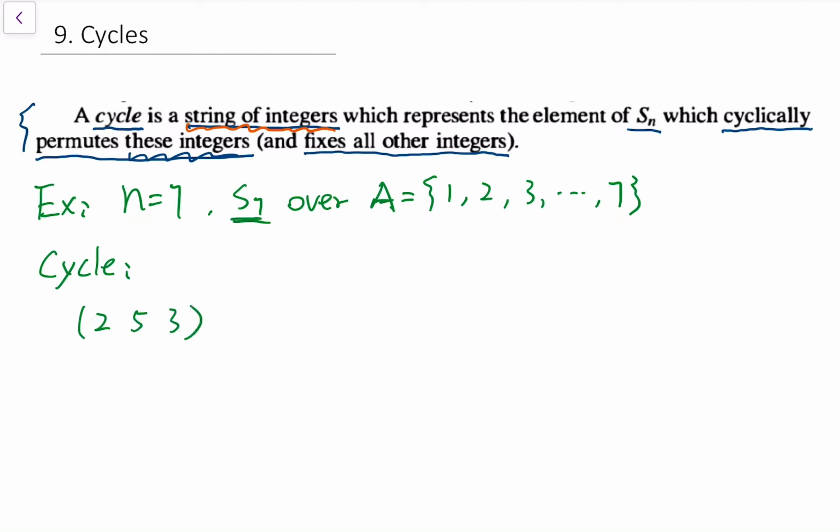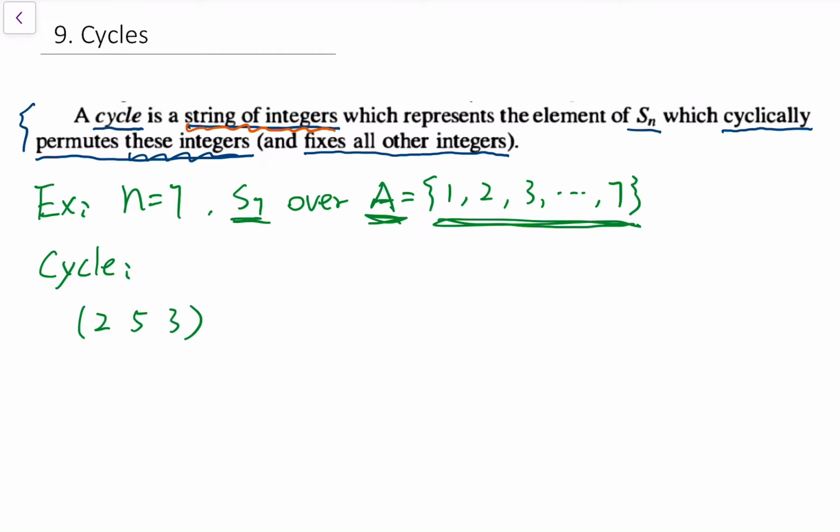This is the string of integers, the same as we saw in the definition, and those integers are from this set A. So we cannot have something like 8 or 10 in this string, because 8 and 10 are not in this set A. Also, we should be careful to leave a space between those integers so that you can see them clearly.